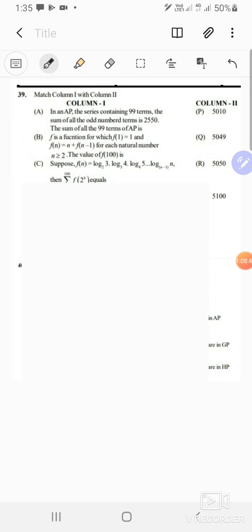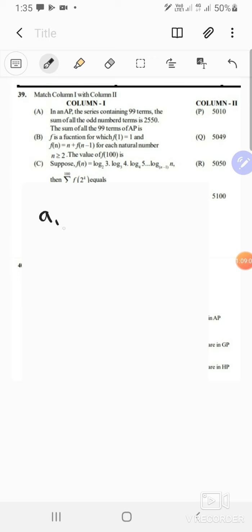Okay, in an AP, the series containing 99 terms, sum of all odd number terms is 2550. The sum of all the 99 terms of the AP is, shouldn't be too hard. Okay, so there are 99 terms in this, sum of all the odd numbered terms.